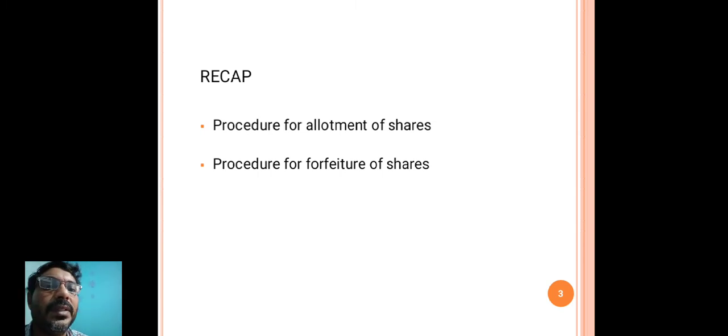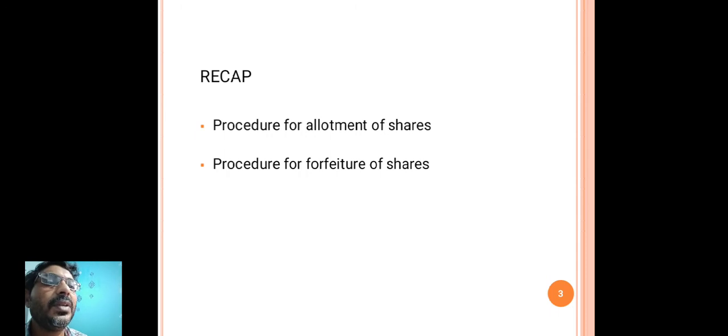So this is a brief about the procedure for allotment of shares, and now the procedure for forfeiture of shares. What is forfeiture?